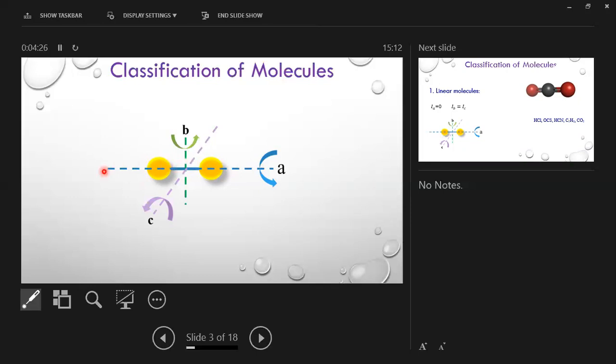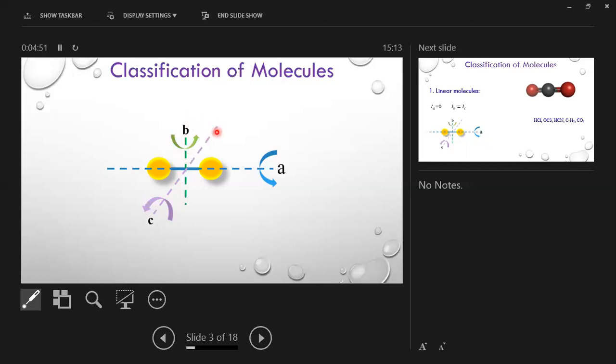These molecules have one axis passing through the bond, which we term the A axis. Another axis is directly perpendicular to this bond and lies in the plane of the screen. This is the second axis, termed the B axis.